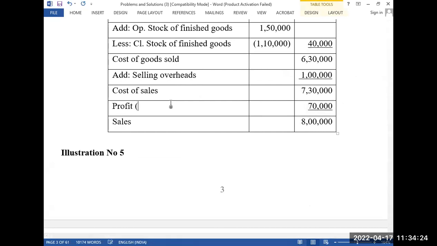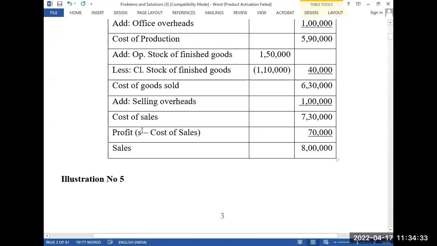Is it sales minus cost of sales? Yeah. Profit is not given in the question, but they are expecting the entire goods to be sold at rupees 8 lakh. If they are able to sell it at 8 lakhs, the cost of sales is 7,30,000, so the profit is 70,000. That's it.